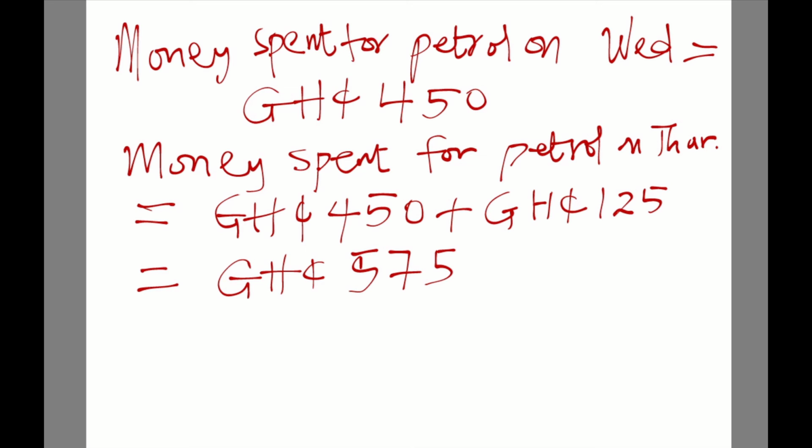Therefore, if we want to find the amount he spent on petrol for both days, this is what the question is asking us to do. We need to add 450 Ghana cedis to 575 Ghana cedis.